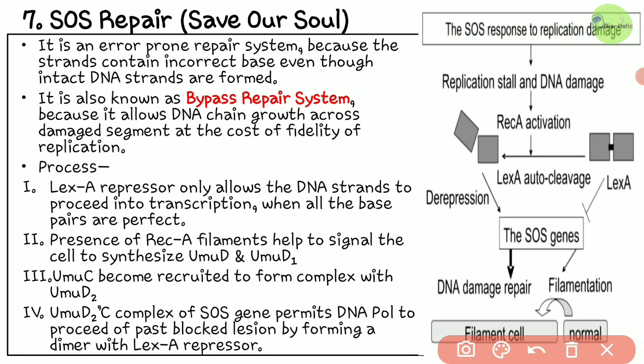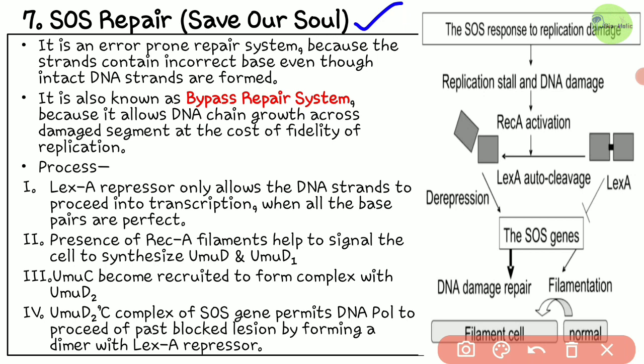Now the last repair mechanism is the SOS repair mechanism, or Save Our Soul. That means the principle involved here is that survival with mutations is better than no survival at all. That means it is an error-prone system because the strand contains an incorrect base even though intact DNA strands are formed.